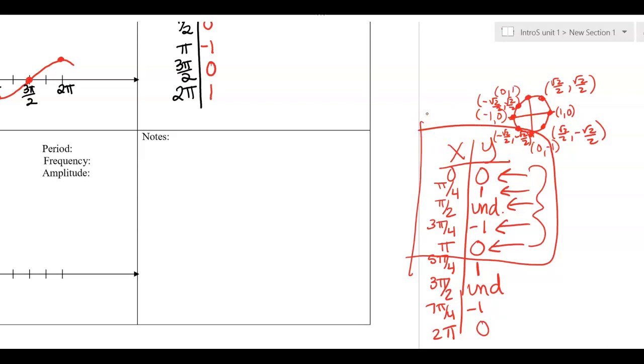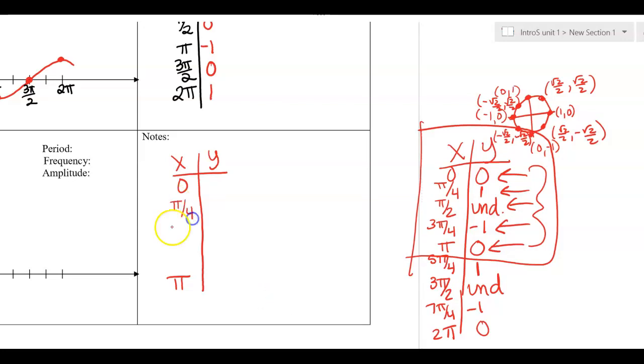Okay, is this okay with everybody? So what this means is I want my parent function to be this, only from 0 to pi. But I still want the same number of points. So remember, with the tangent function, every 90 degrees was not specific enough. We had to go every 45 degrees. So I'm using fourths.